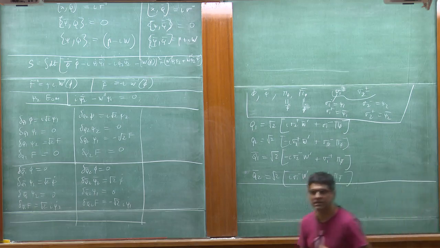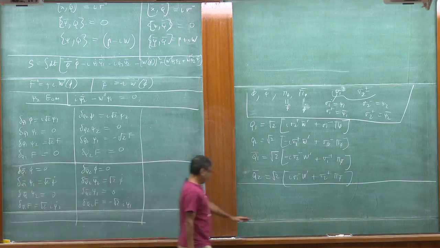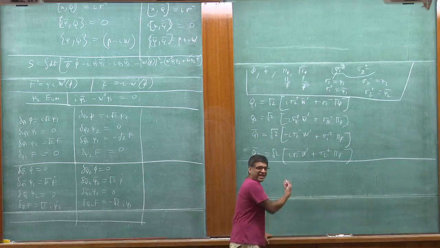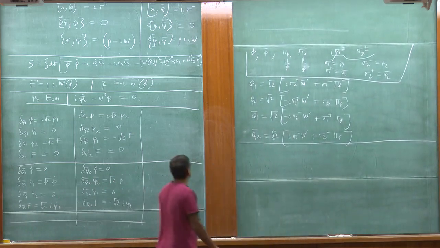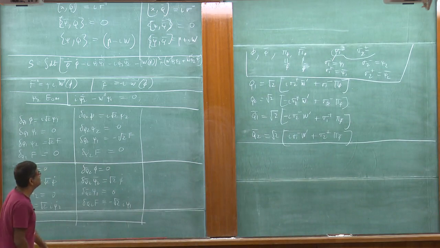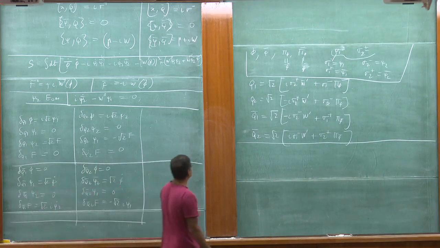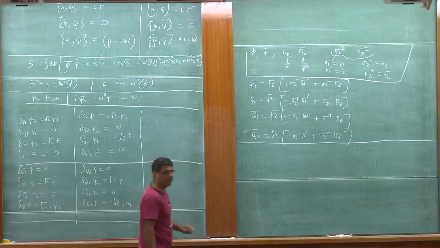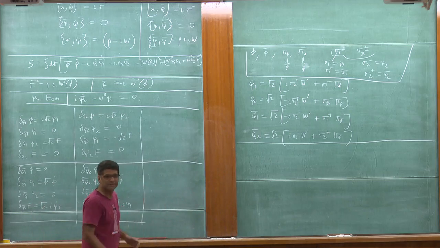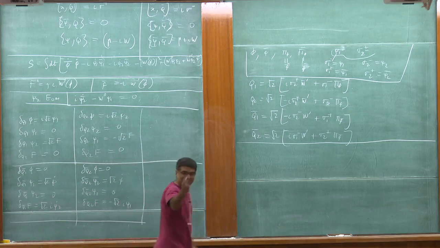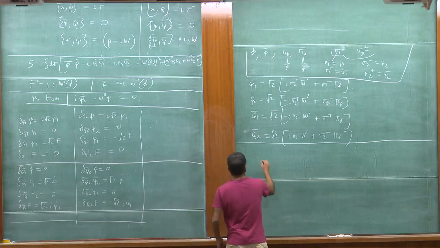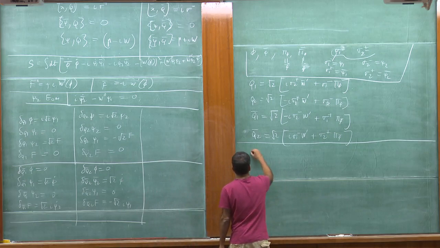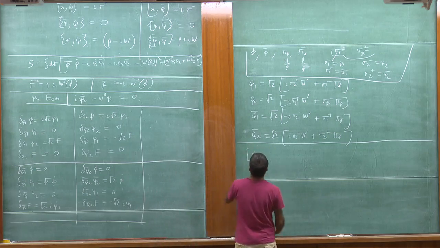Okay. Okay, great. So let's check one of these guys. I don't know, just somebody pick one of these four and let's check one of these four for everything. Q1 bar. Let's check Q1 bar with everything. Okay. So I want the anti-commutator of phi with Q1 bar.